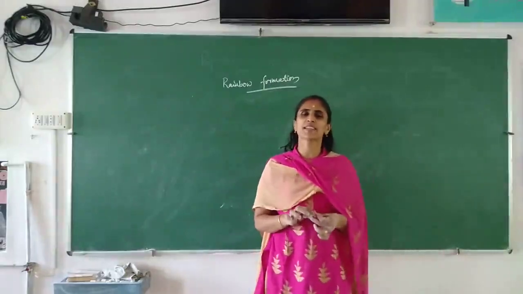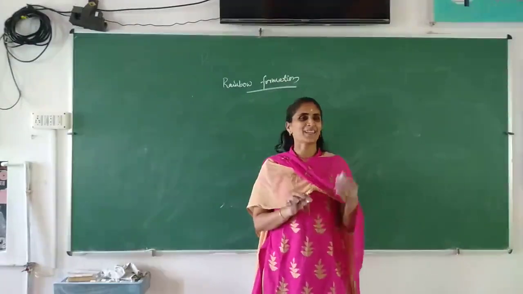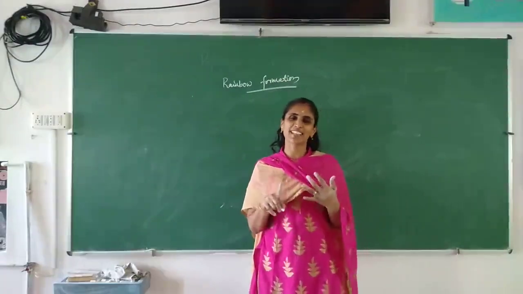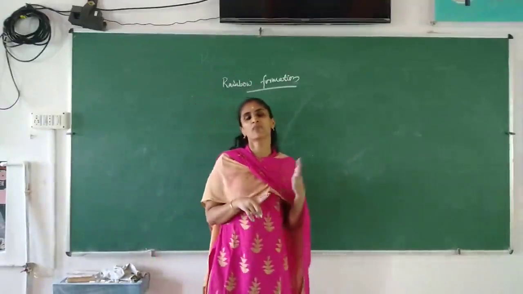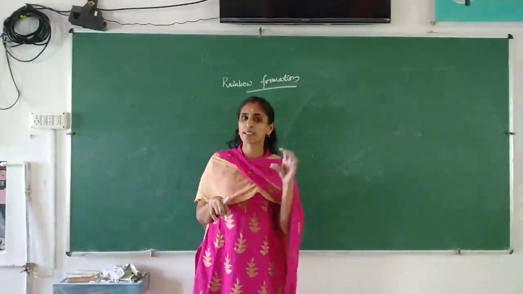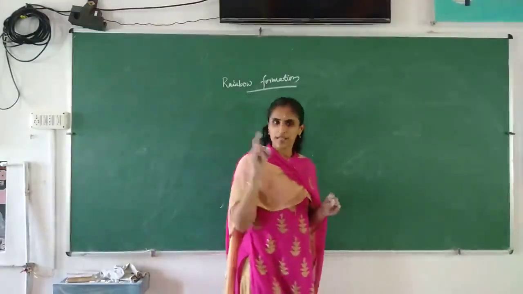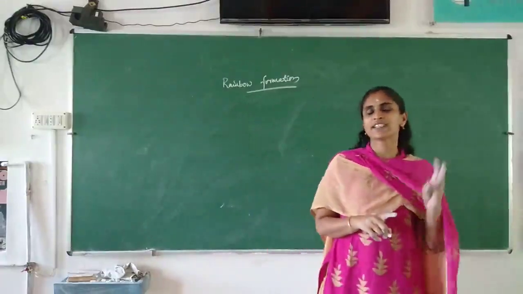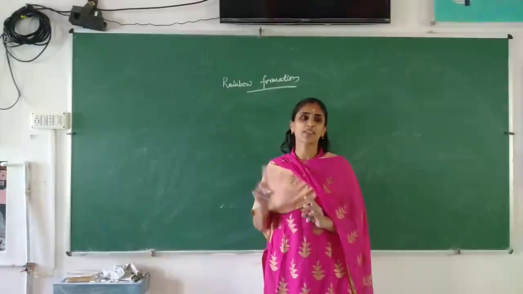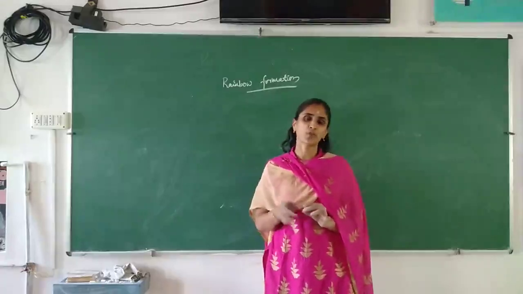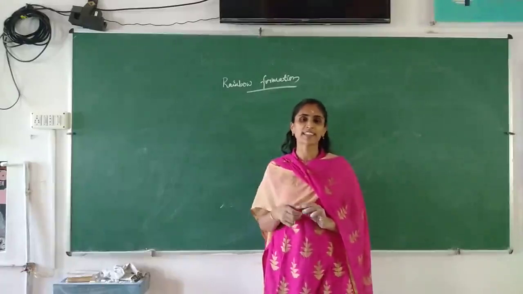In which condition can you see a rainbow? For a rainbow to be seen, both days are needed: it should be a sunny day, sun is a must, and it should be a rainy day. Rain shower should be there, and simultaneously sunlight should be there, then only we can see a rainbow.